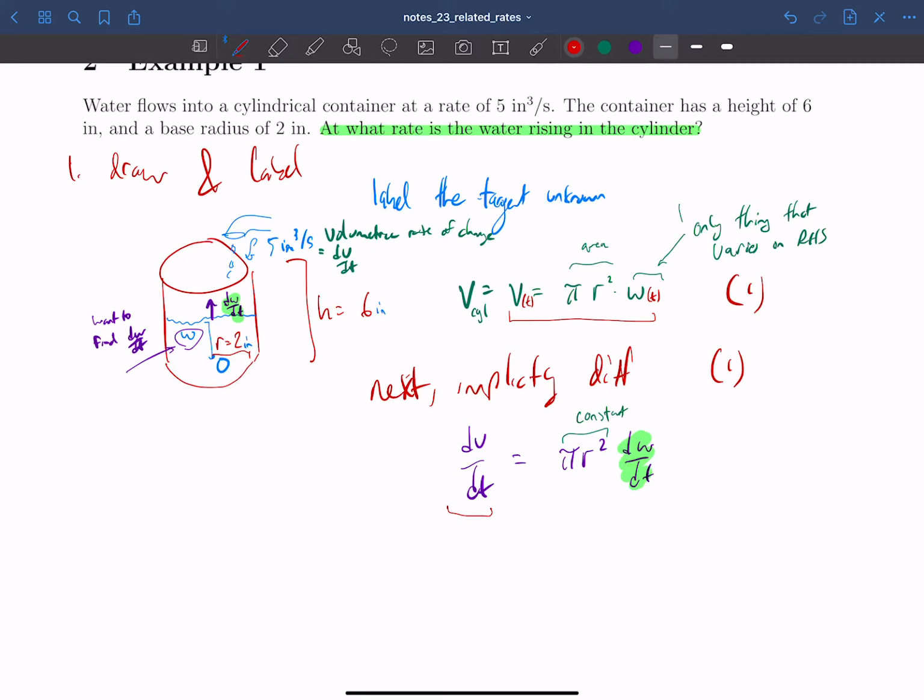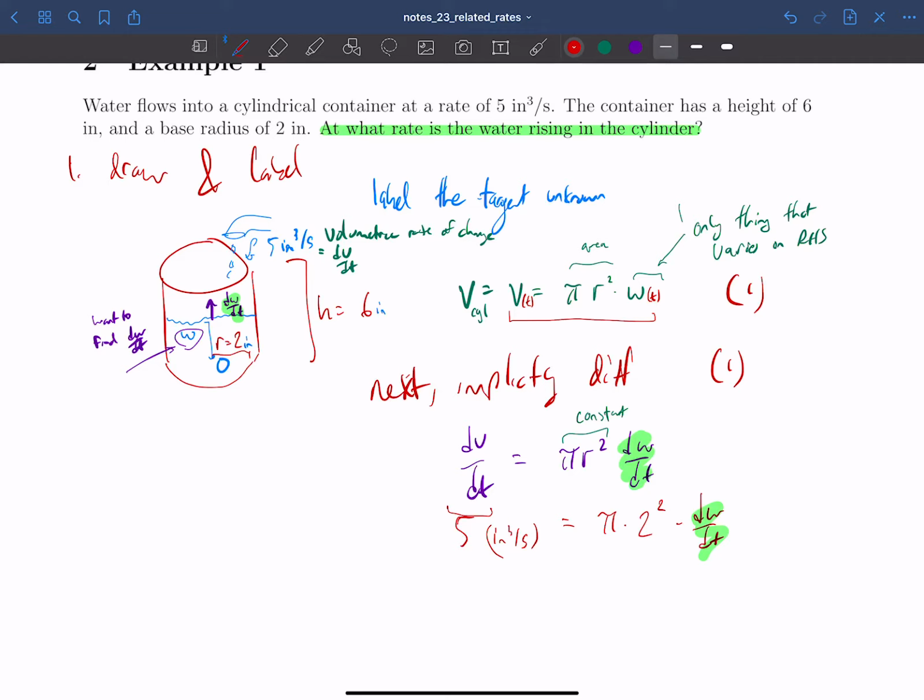So I know that that's 5 cubic inches per second, if you care, equals pi times R, which is 2 inches, squared, times dW dt, which again is my goal.